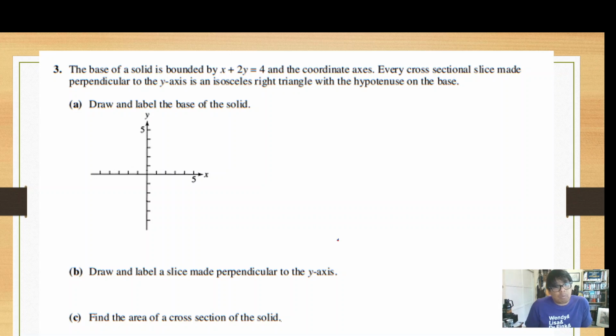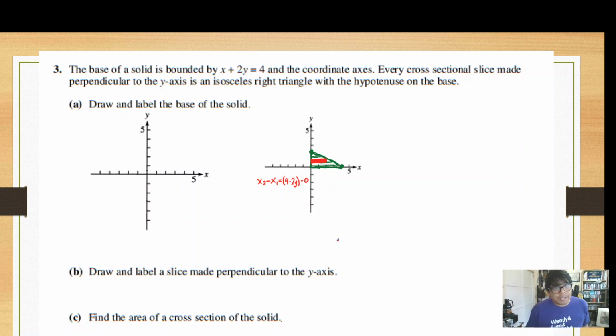Let's take a look at what this region looks like. Okay, so here's the base of the solid. Graphing that, notice that in red here we have the slice made perpendicular to the y-axis. Since it is perpendicular to the y-axis, the length of that red slice is going to be a difference in x-coordinates.